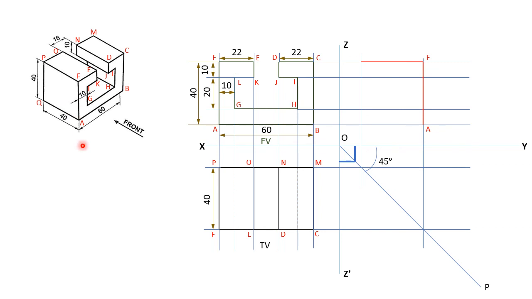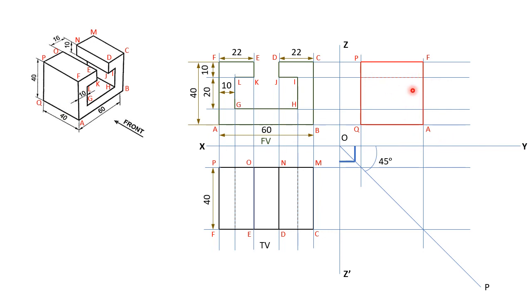Then the horizontal line represents FP. So we'll darken this portion PF. Then again we'll darken this portion which is PQ, and then at last we will darken QA. So this is the square PFAQ of 40 by 40 dimension.